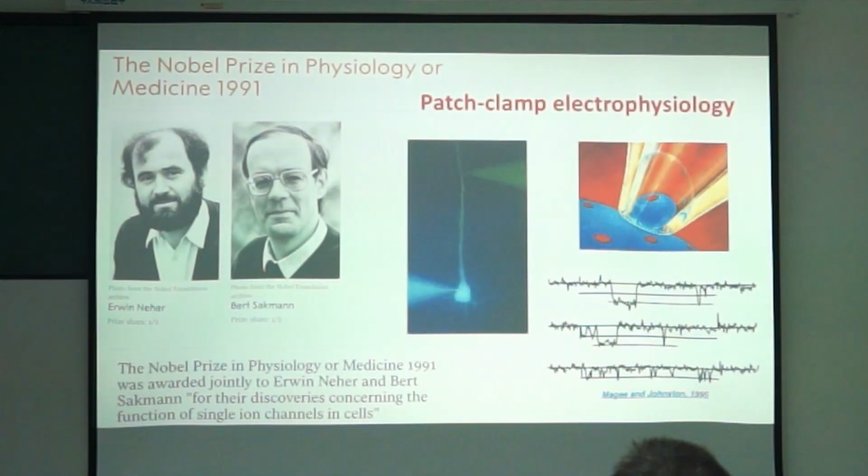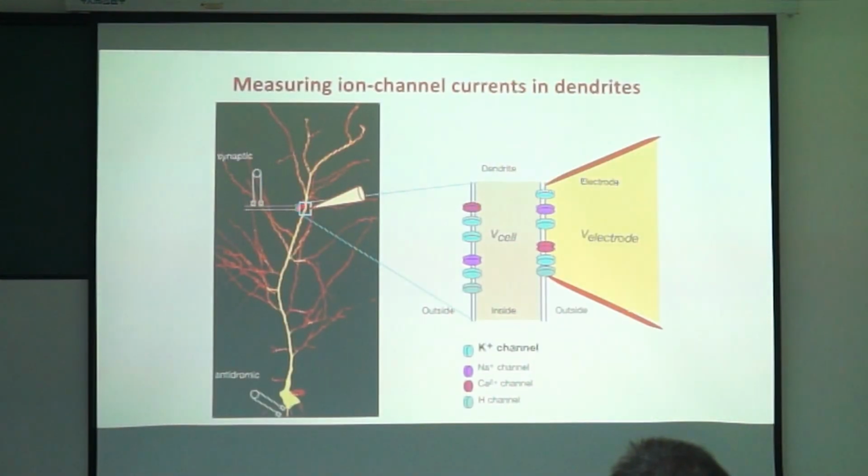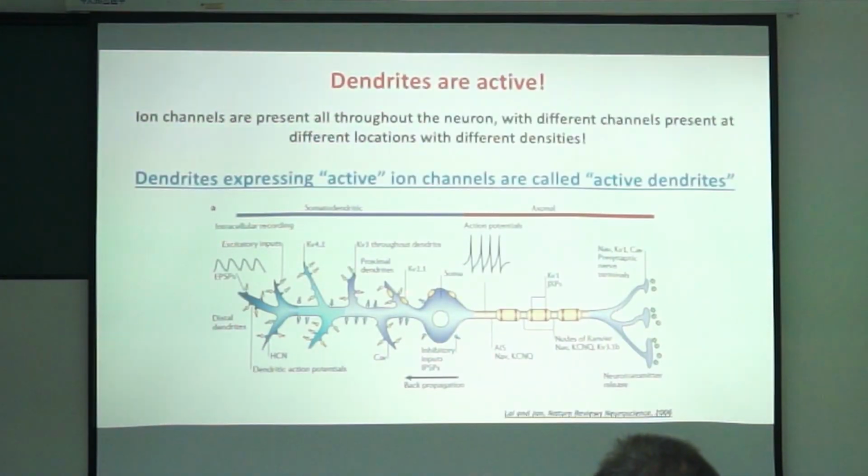But it turned out that as people started doing these recordings, so this is actually a hippocampal pyramidal neuron now, and people recorded from the dendrites, performed cell-attached recordings, measured painstakingly the different ion channels that are expressed along the dendrite over here, and showed that it is not that the cell body is the only place where that nonlinearity that we saw expresses, but that nonlinearity expresses pretty much throughout the entire neuronal structure.